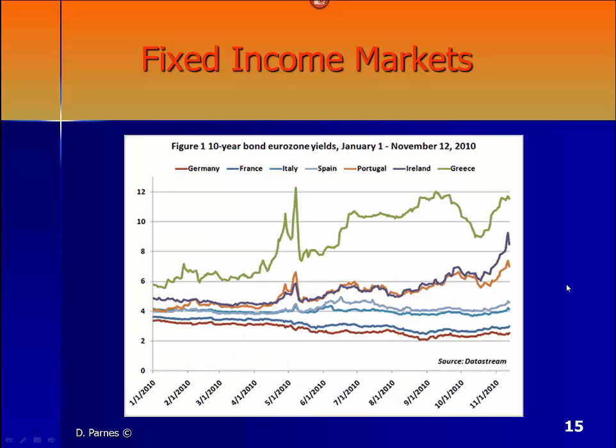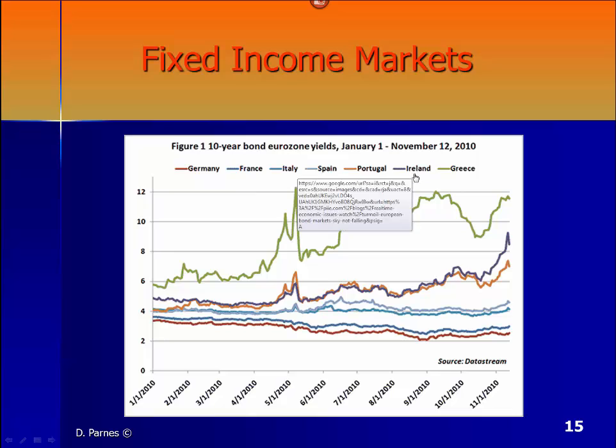Let's see what else we can learn here. This is a figure that explains the 10-year bond Eurozone yields from January 1st to November 12, 2010. This is just for one particular year, so this is a zoom in. And you can see also the countries Germany, France, Italy, Spain, Portugal, Ireland, and Greece.